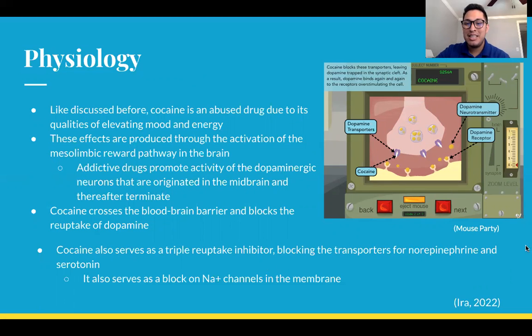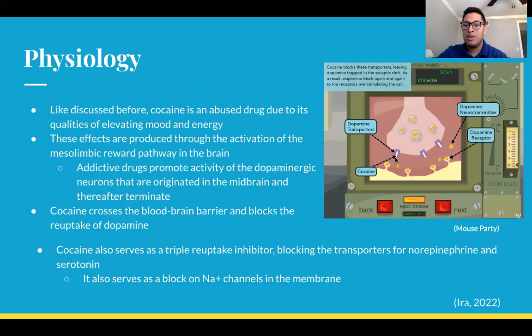So you can see in this diagram on the side how there are dopamine receptors located here, as well as dopamine neurotransmitters, these little yellow balls that are attached to the receptors. And therefore, they're trying to go through here through the dopamine transporter.